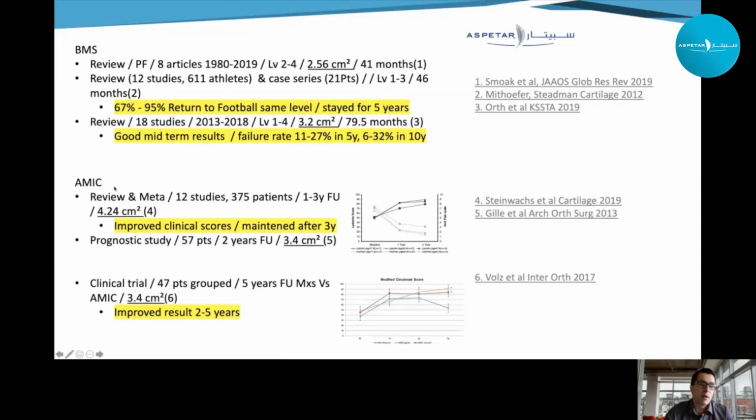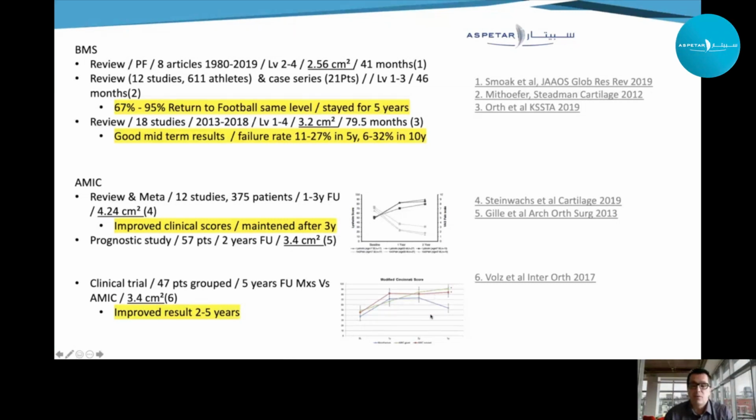And in terms of AMIC, it looks like the adjustment of getting a scaffold in the area gets better clinical scores for the patients down the line, compared, of course, with simple bone marrow stimulation techniques like simple microfracturing.